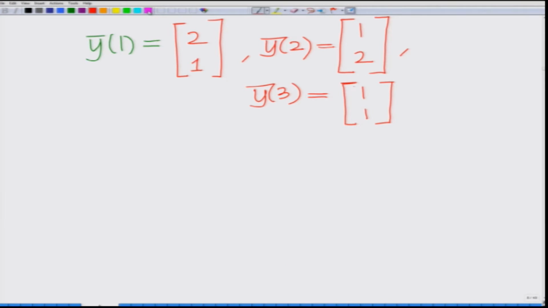From these received vectors we can construct the observation matrix.